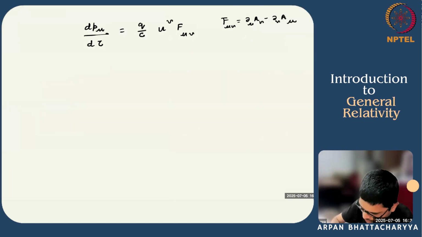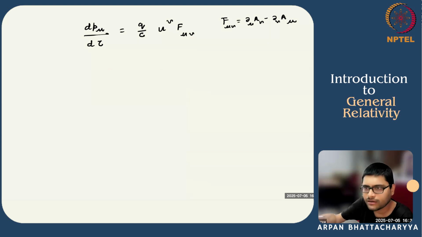If you look at mu equal to i index, so if this mu of F mu nu will be i, because F mu nu is antisymmetric, nu can only be 0. Right?